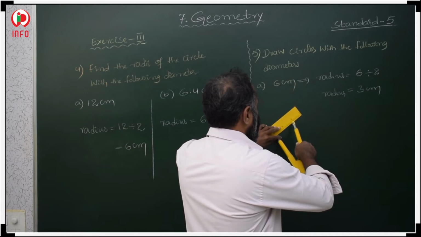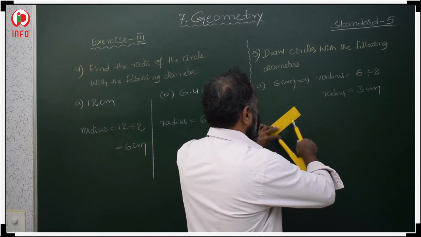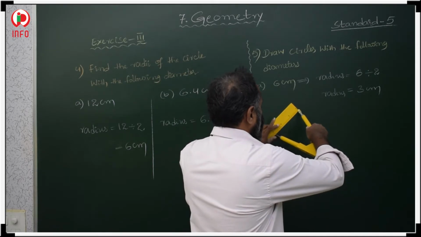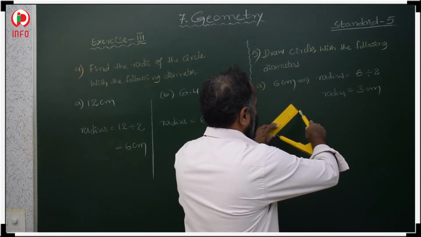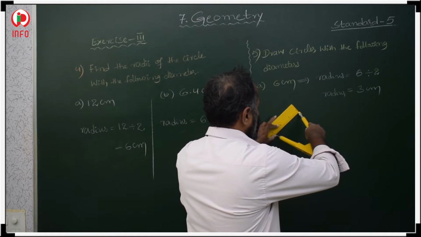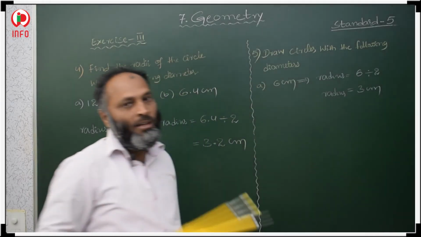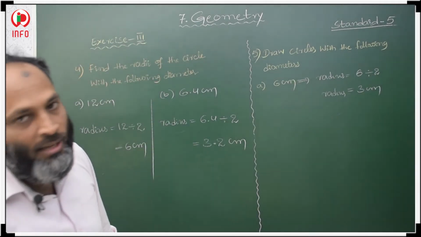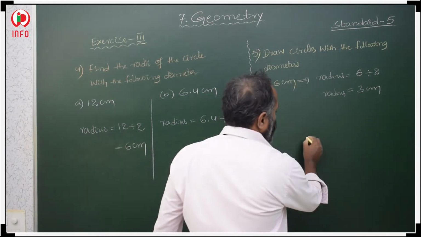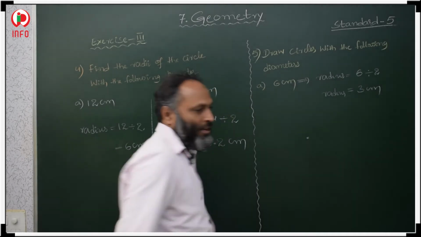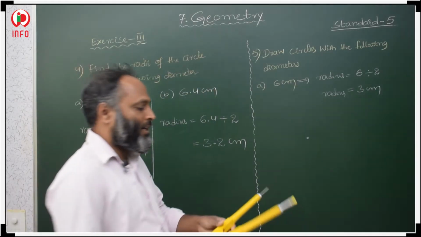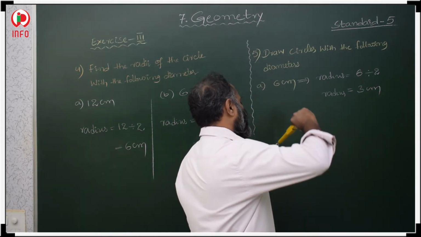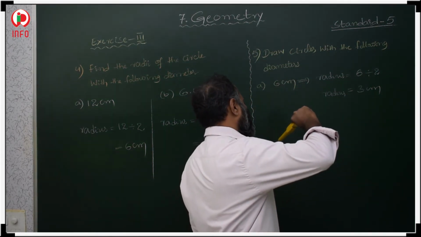So on the ruler we have to measure 3 centimeters. Then you mark a point in your notes. After that you keep the sharp end on that marked point, and the other arm you rotate.